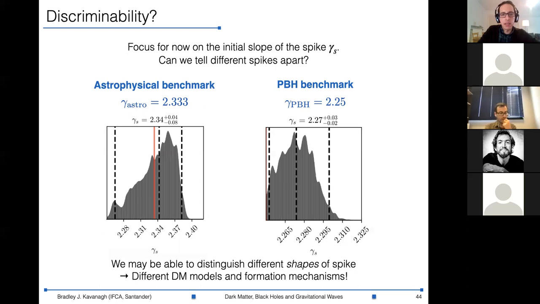There's nothing that comes to mind. The nice thing about the PBH case is that the physics of the formation of the dark matter spikes around PBHs is now very well understood. It's all early universe physics that you can solve quite easily and convincingly, so there's not a lot you can do on the right-hand side here to change things.